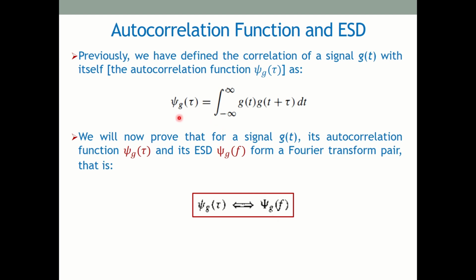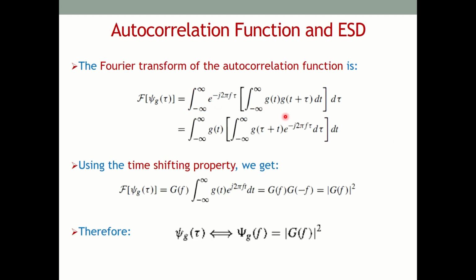So let's look at the basic expression of the autocorrelation function, which is this one. If we take the Fourier transform of that autocorrelation function, on both sides we have the Fourier transform, and inside the bracket is the expression for the autocorrelation function, as you can see here.